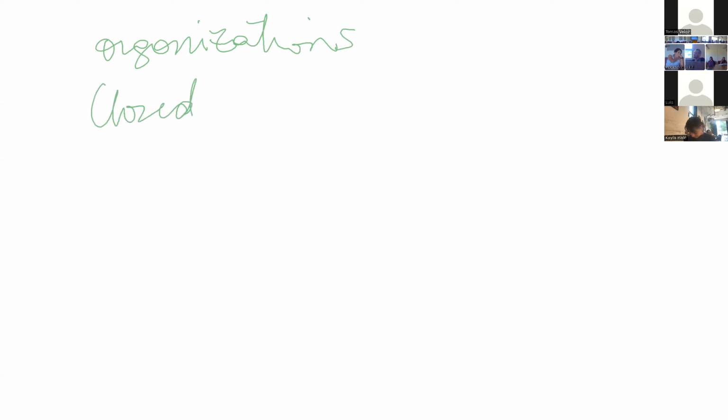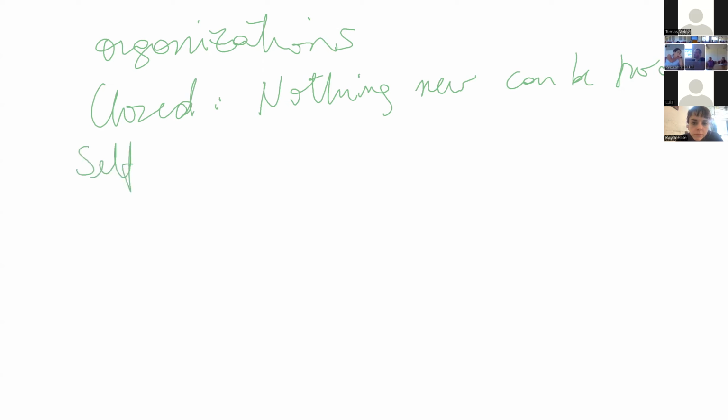Back to the idea of organizations, you remember, probably defined in the previous class or session, they are closed, which means nothing new can be produced, and self-maintaining: there exists a process vector such that SV is larger or equal than 0 and V is strictly larger than 0.